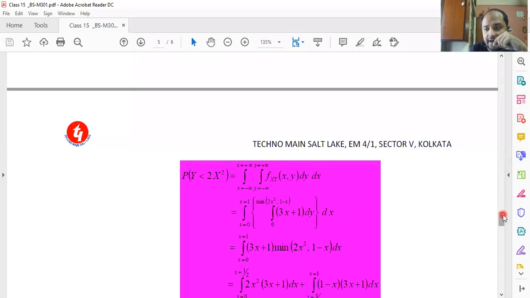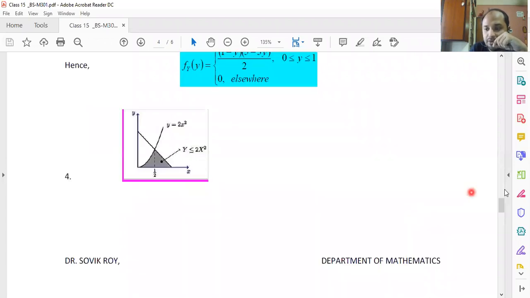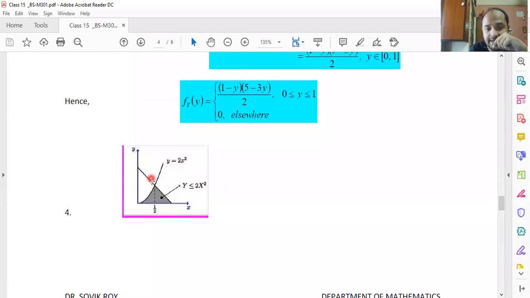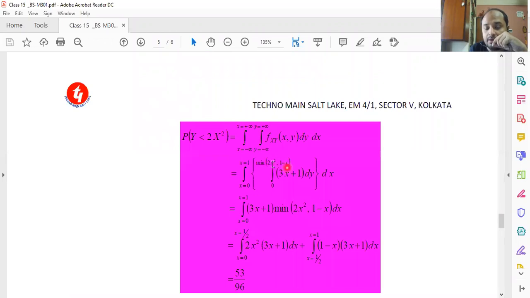Now y will vary, its lower limit will definitely be 0, and its upper limit will be the minimum of 2x square and 1 minus x, because it is the minimum point. Therefore we have considered this minimum of 2x square comma 1 minus x. That will be the upper limit.